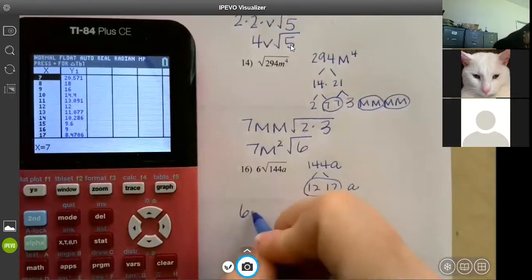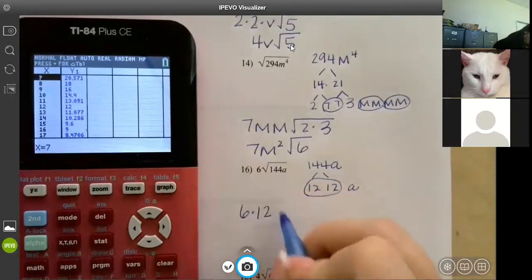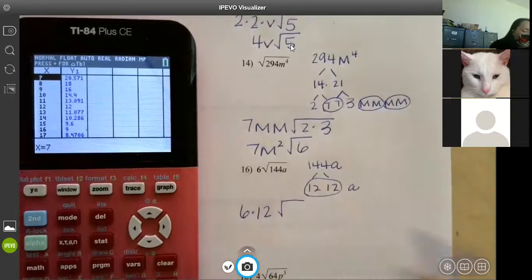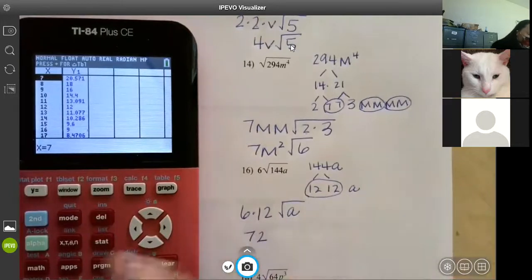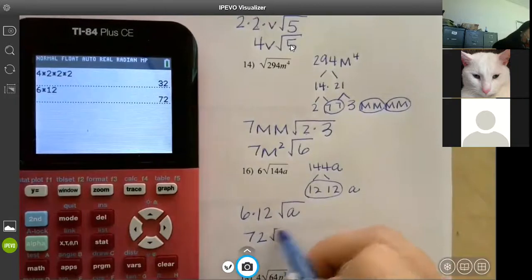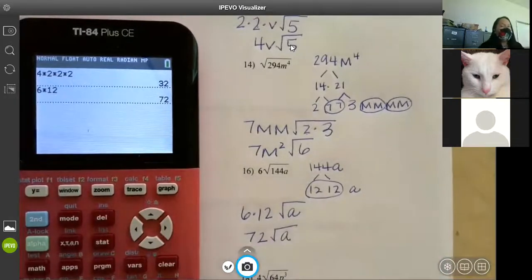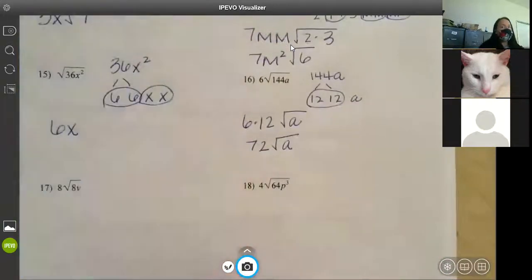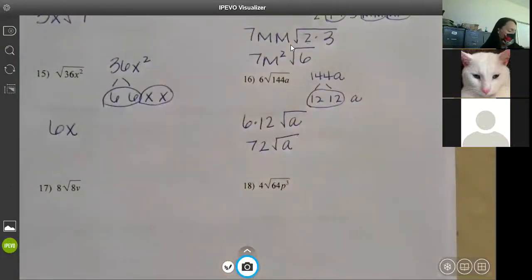I have a 6 outside. I circled a 12. What's the only thing I didn't circle on the inside? A. Then multiply 6 times 12. If you can't do it, use your calculator. 6 times 12 is 72. Don't touch your square root. That's all you're doing.